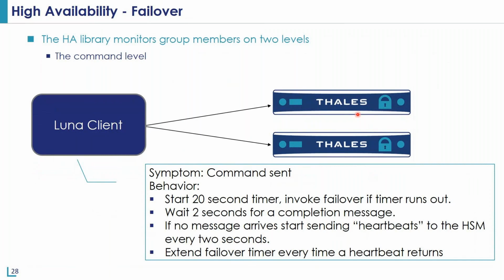In this case, once the Luna client sent the request, the HSM has to respond back in the 20 seconds. This 20-second timer is still there. But it might be possible that your HSM takes more than 20 seconds to process a particular request. Let's say it's an encryption for a particular file which is very huge. So it might take more than 20 seconds to process such a request.